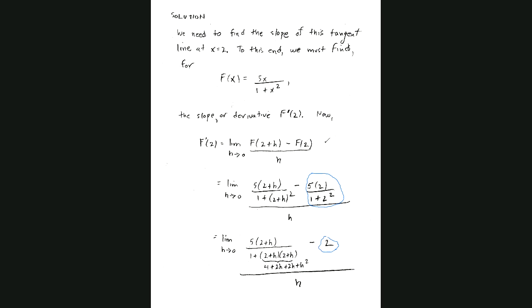But the expression on the left I have to simplify. I do have 2 plus h quantity squared in the denominator, so I can write that out like I do here. Give you a moment to copy that.